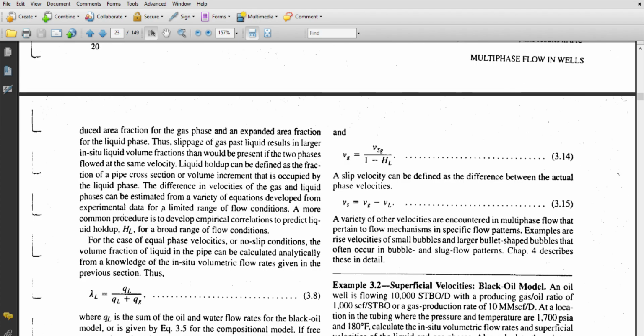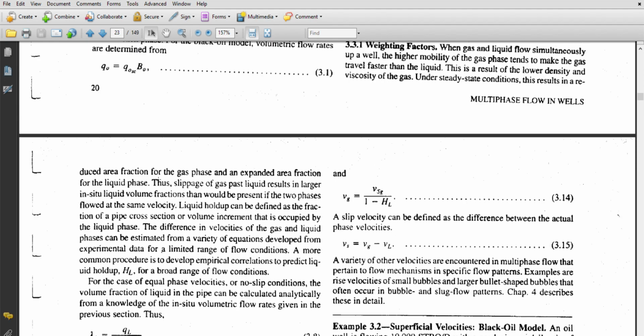So HL is the liquid holdup. And because the gas moves faster compared to the liquid, we will have slip.